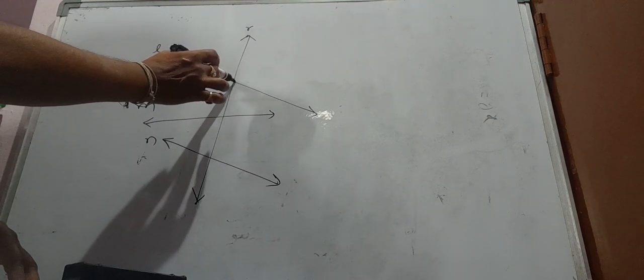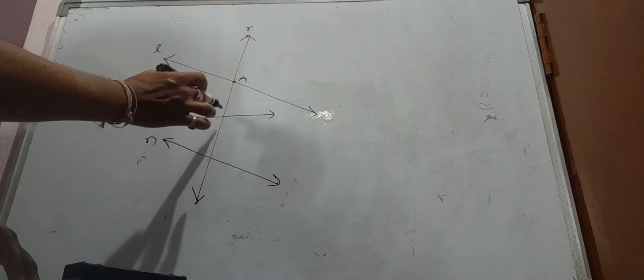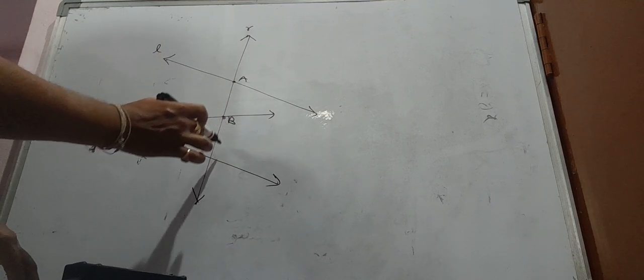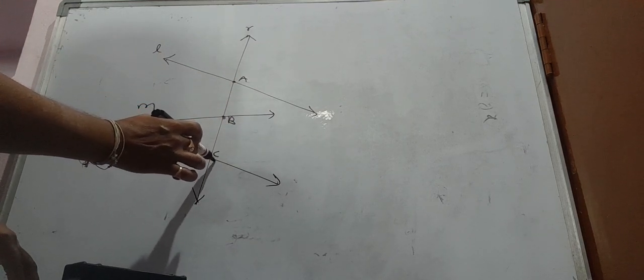The transversal is cutting L at A, M at B, and N at C.